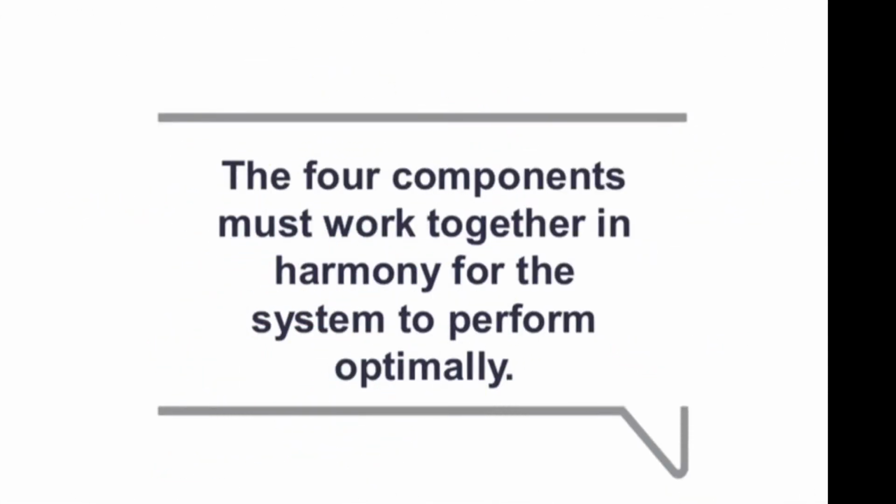We have to remember that the four components must work together in harmony for the system to perform optimally. So we already proved with the two business case analyses that we did that whenever there is no unison or unity between the four components, the goal or objective of the company will not be met.